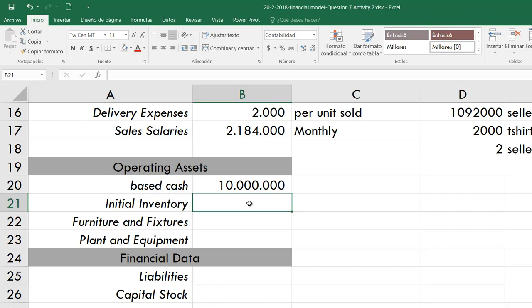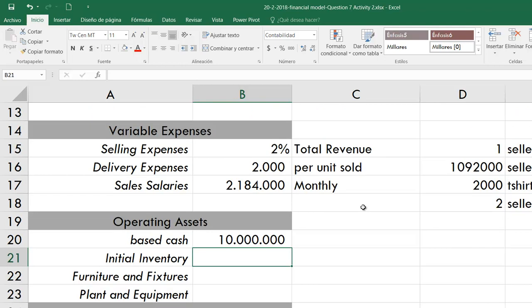Initial inventory: I think that in my shop I have to have, let's say, 30 million pesos right at the beginning of opening, so my store looks well equipped. Fixture and furniture refers to all the items that I need to display and merchandise my product.